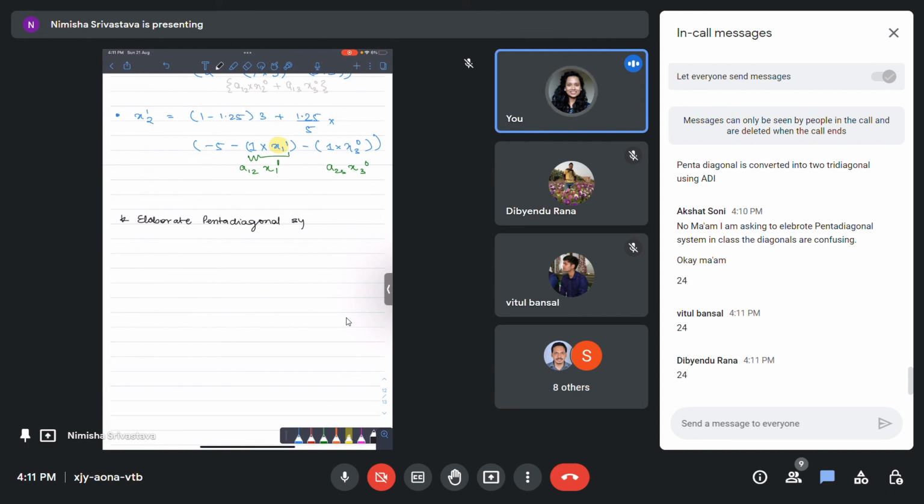Okay. So what I'll do is make a PDF for the explanation of the pentadiagonal system and upload it onto the Google Drive. You all have the link for the Google Drive. I'll just put the link.